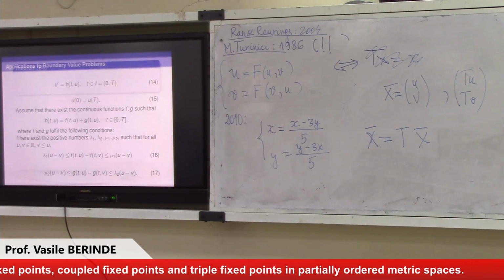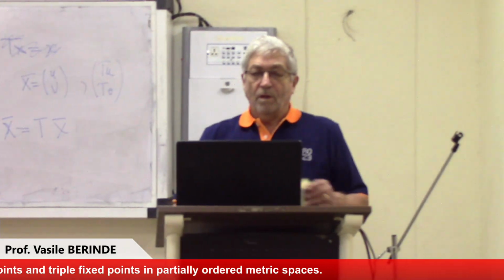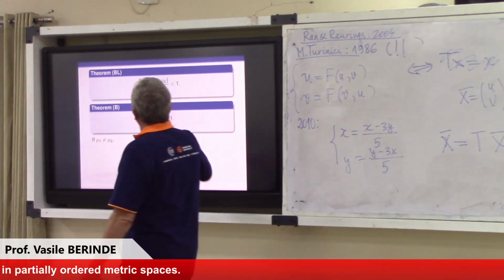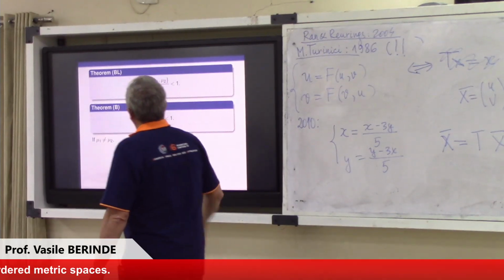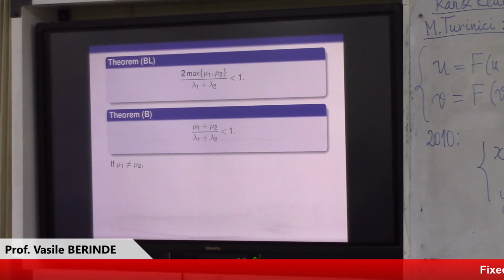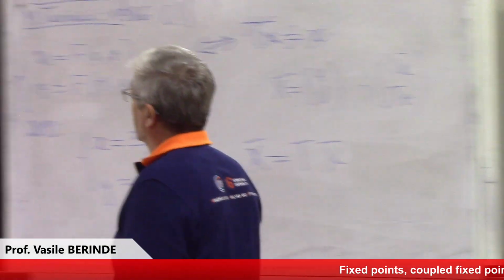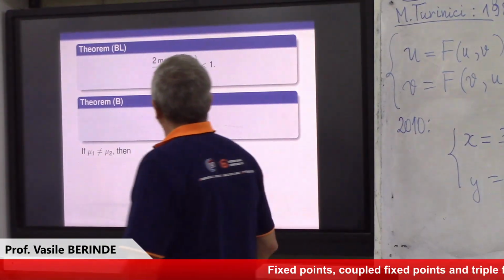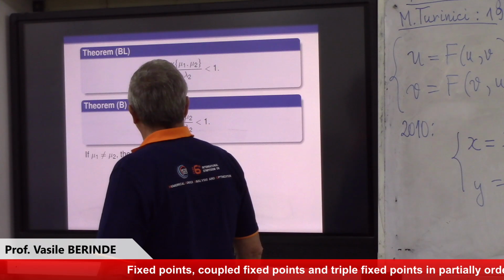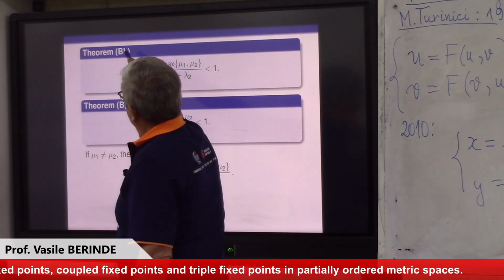And these are also improvements in the theory. Bhaskar and Lakshmikantham asked for this condition, and this was my condition, and the two conditions are different, because having in view just a moment, yes, no, this is the reverse.